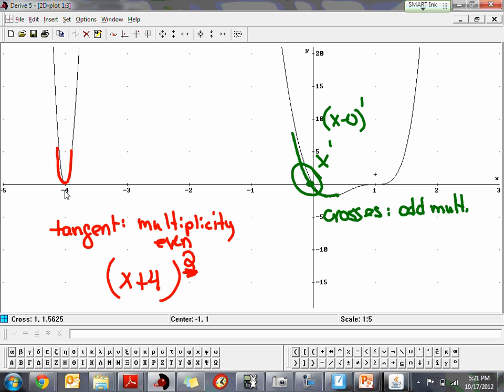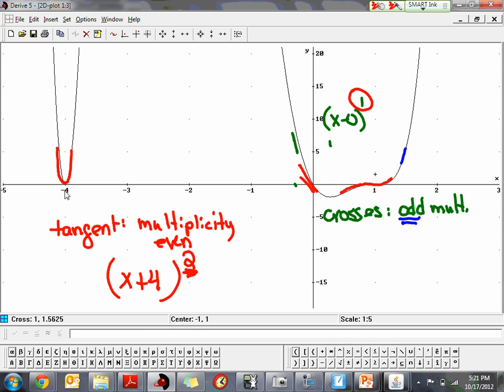Now what's different about this next one? It's still crossing, so because the graph comes through and crosses the x-axis, I know it has to be an odd multiplicity. But the difference between this one and this one is how this graph flattens. So I'm going to erase some of this so that you can see it better, but you can clearly see that this one has a different aspect to the graph than this one does. When they cross, think of degree 1.